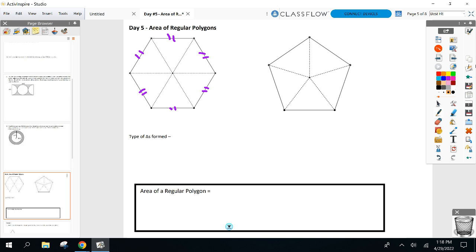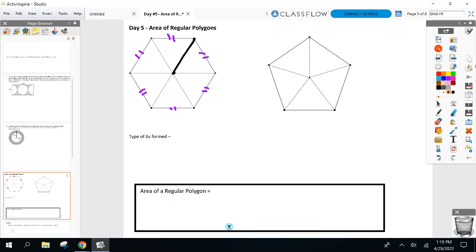I also want to reintroduce a vocabulary term we had from the circle unit that can also be applied to polygons. And you probably never knew this. These dashed lines I have up here that start at the center and draw into a vertex, just like a circle, what do you think I call that? It's a radius. Yeah, you can have a radius in polygons. It starts at the center and goes to one of the vertices.